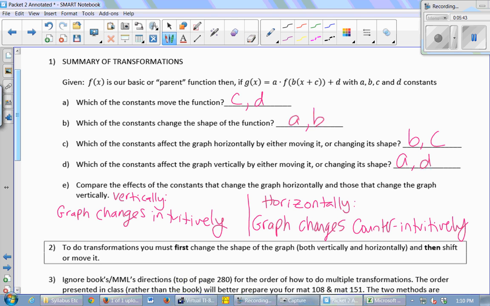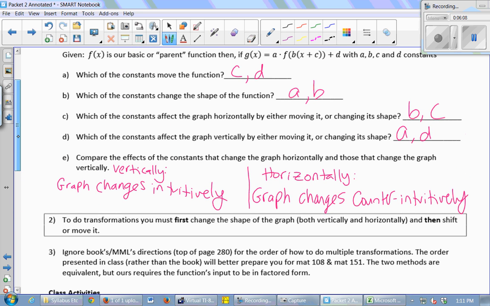So your book would just distribute this b, which makes a different procedure. Okay, so it's equivalent, but you have to think about it a little bit differently. So I would just say use the factored out b, right, and change the shape before the shifting. And that's all you got to remember.